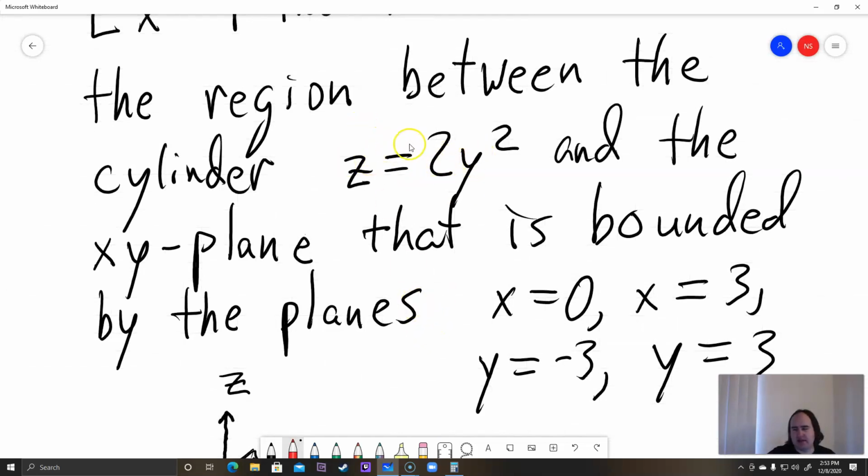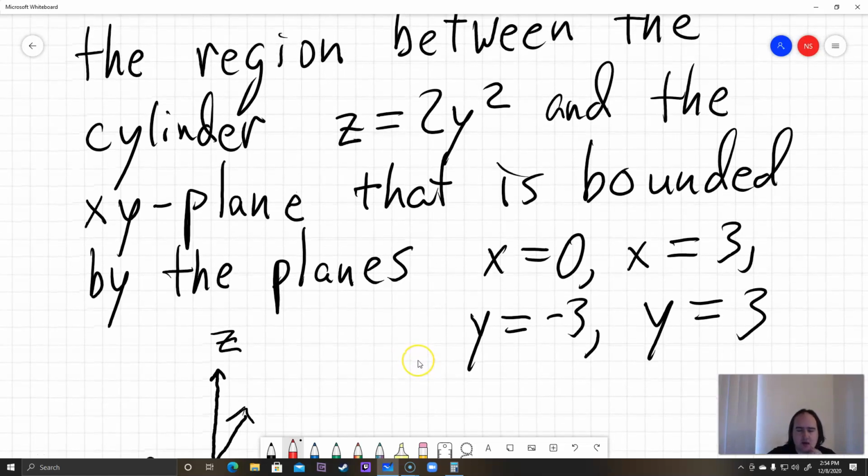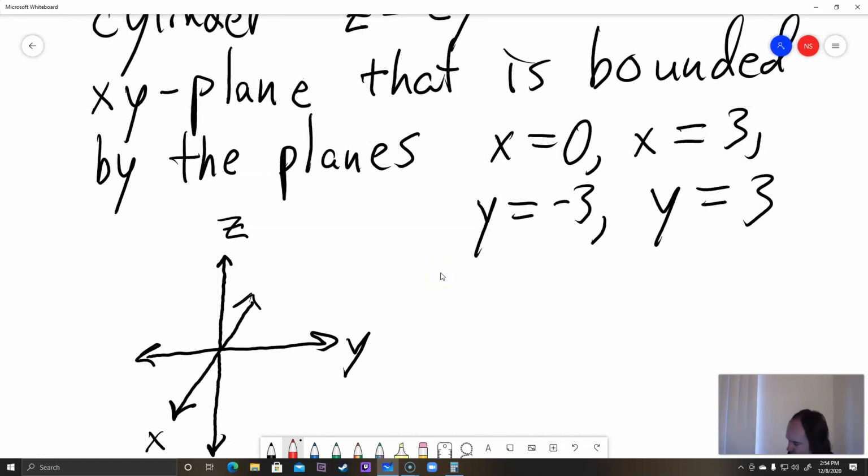But keep in mind that z equals 2y squared is just going to be a parabola that opens upward, and it's multiplied times 2, so it's going to be stretched by a factor of 2. So on the z and y plane, we're going to have a parabola. So just for our sketch, we'll have a skinny parabola on the zy plane.